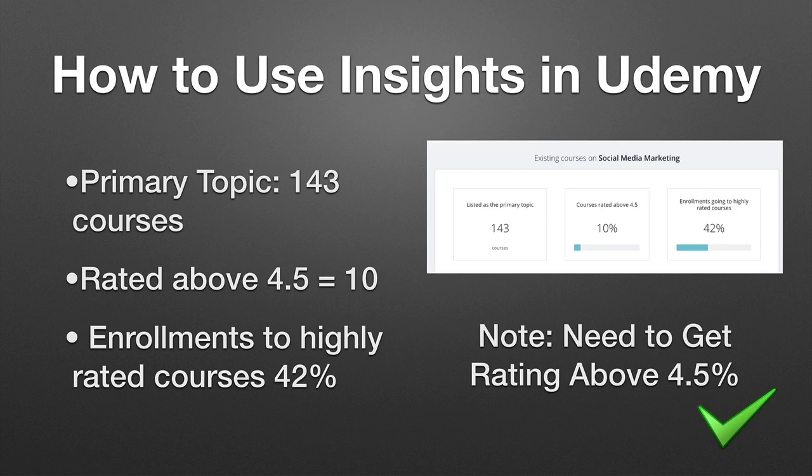And 42% of enrollments go to those highly ranked courses, which tells me that I need to get my course rated at least above 4.5 in order to start getting more conversions to it. Because if I don't do that, I'm going to get outcompeted by the other ones.